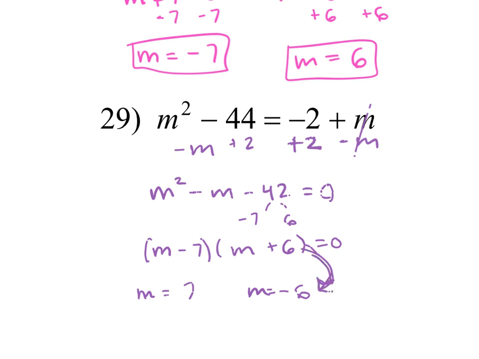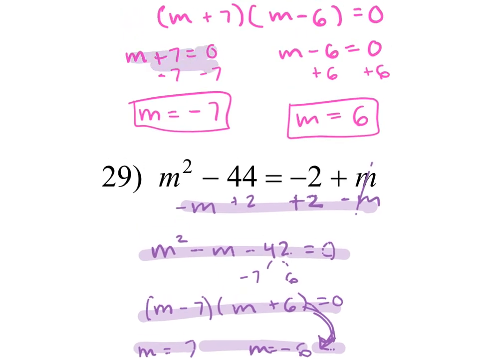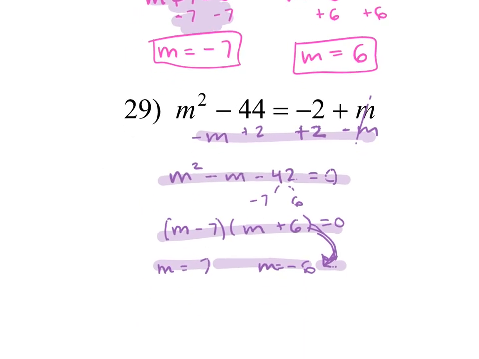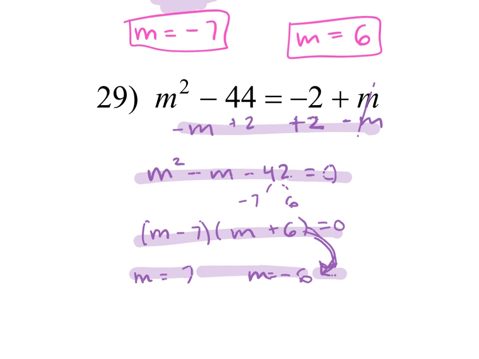So these are the key steps. You don't have to split them and then show your adding, because I know you guys know how to solve here. But just be careful that you don't skip too much and make a silly mistake. Okay. But if you want to just go from here to here, that's totally fine. Alright, good job. M is equal to 7, M is equal to negative 6.